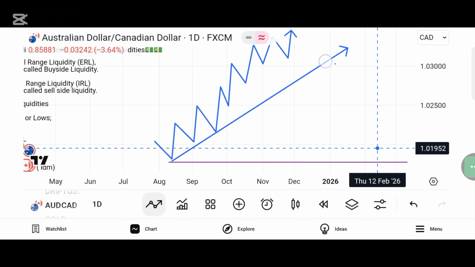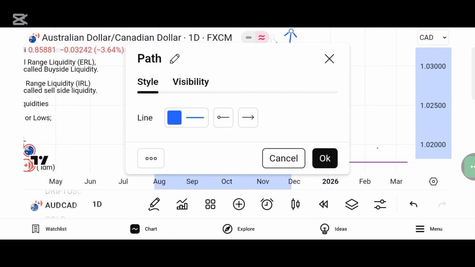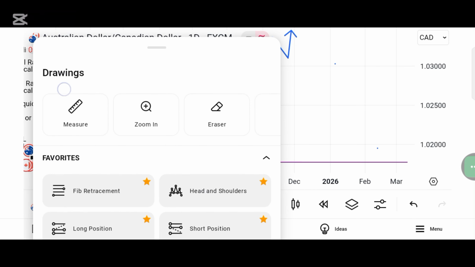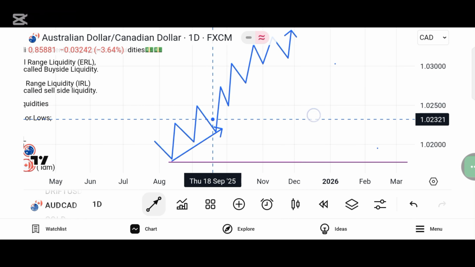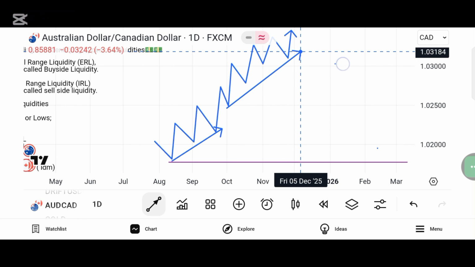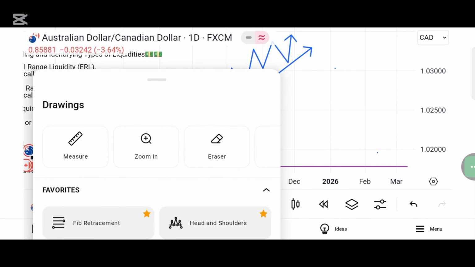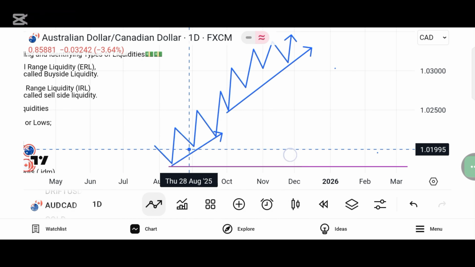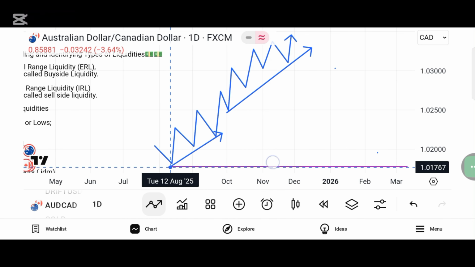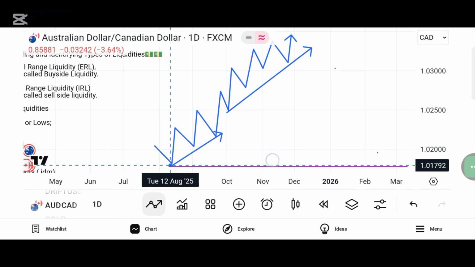Let me shorten this arrow. Let me bring in another arrow so that you see what I'm doing clearly. From where the market starts here, the way price is going is taking in external liquidity and internal liquidity, because it's moving in a zigzag manner up and down.